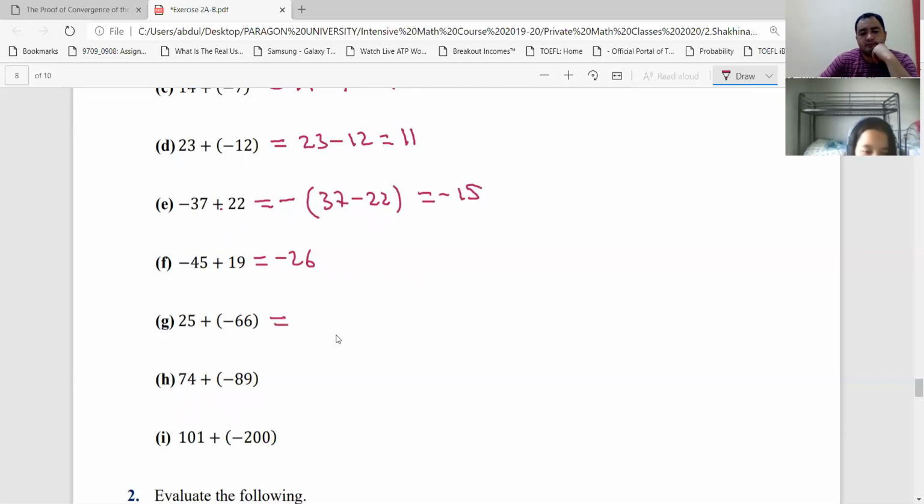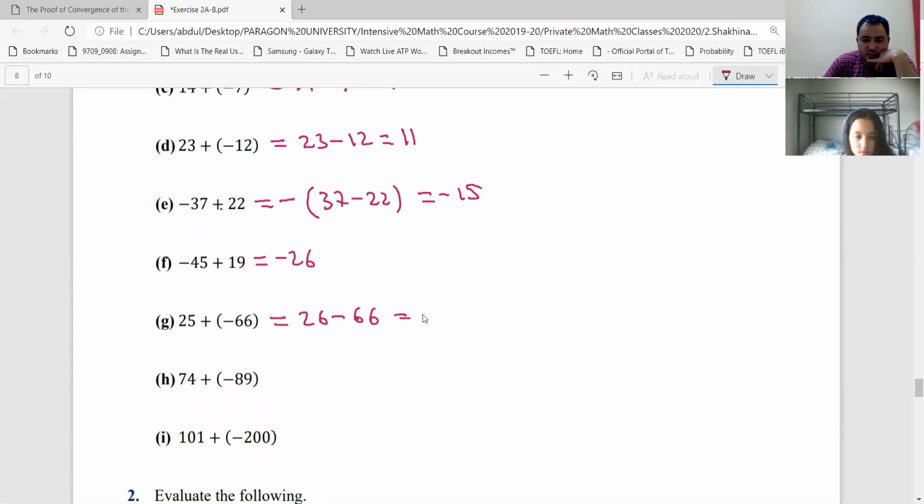How about G? Negative 66 plus 25. First, we need to remove the bracket, Shahina, right? Plus 25, and plus minus is minus 66. This is a positive number, this is a negative number, so we should subtract.